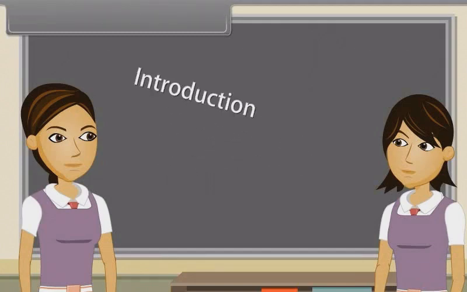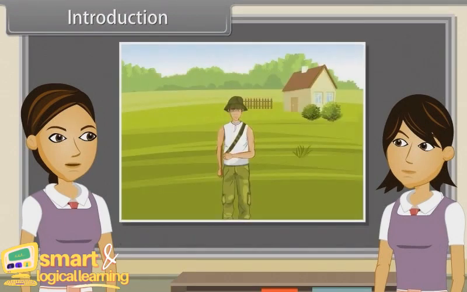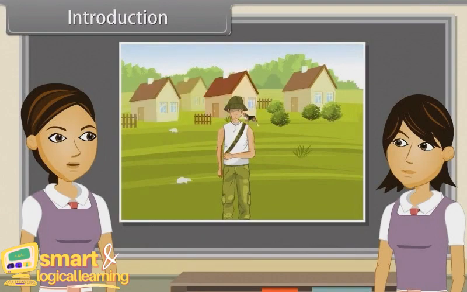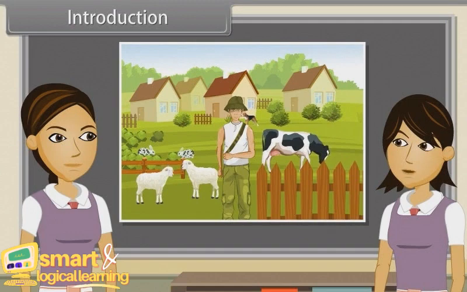Introduction. We know that plants and animals were present on this planet before the human race evolved. As man started using plants and animals for his basic needs, he started giving names to plants and animals in their own language. A common name is a name in general use within a community.